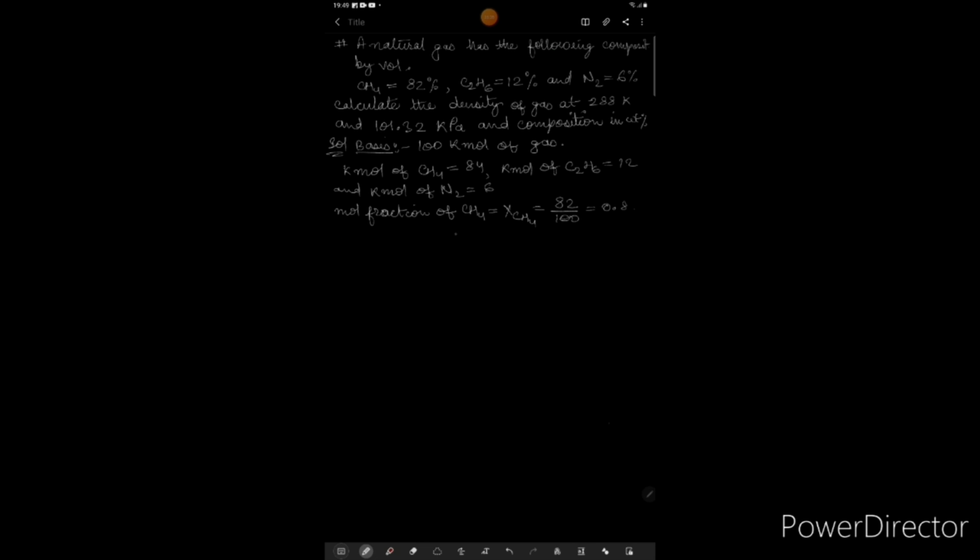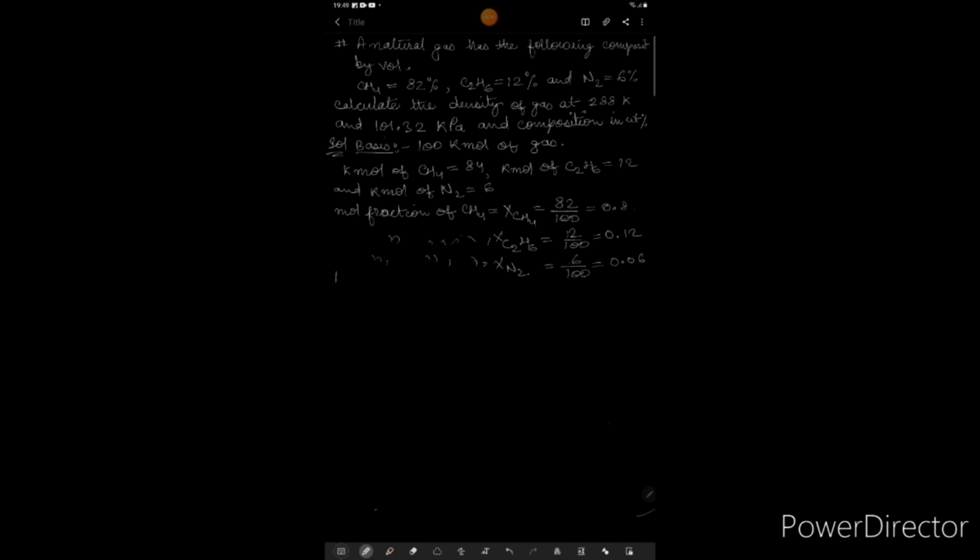Likewise mole fraction of C2H6 equal to 12 by 100 equal to 0.12, and mole fraction of nitrogen equal to 6 by 100 equal to 0.06.